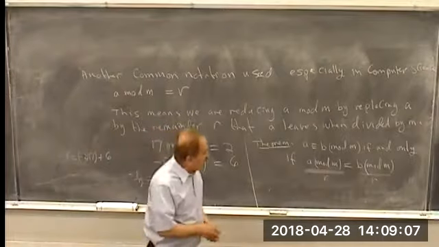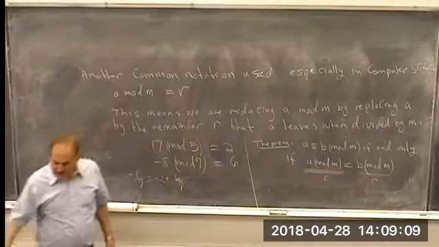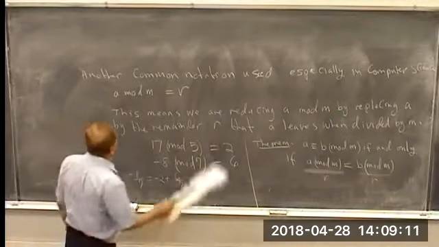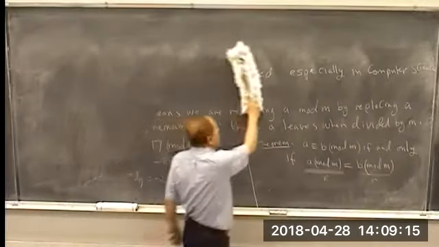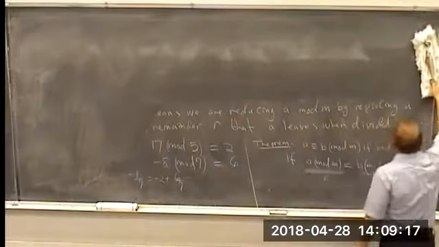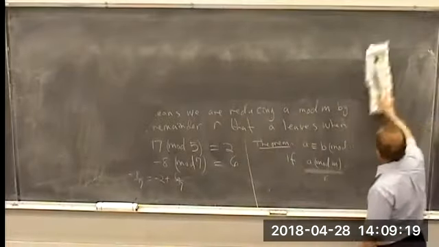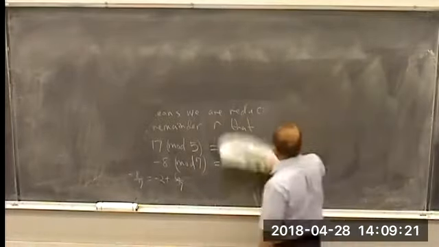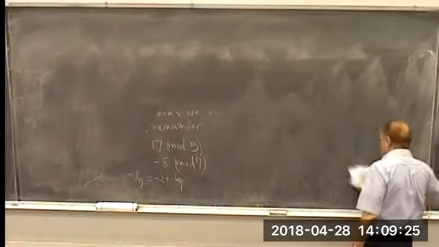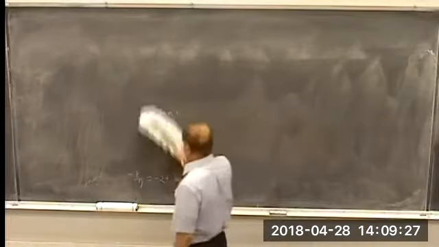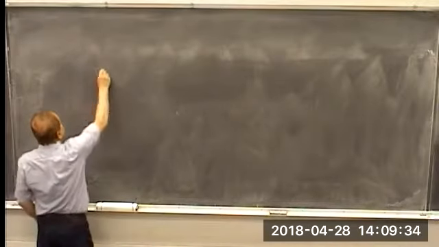This actually allows us to think of this relation mod M as a function from the set of all integers to the possible remainders that we get when we divide any integer by M.